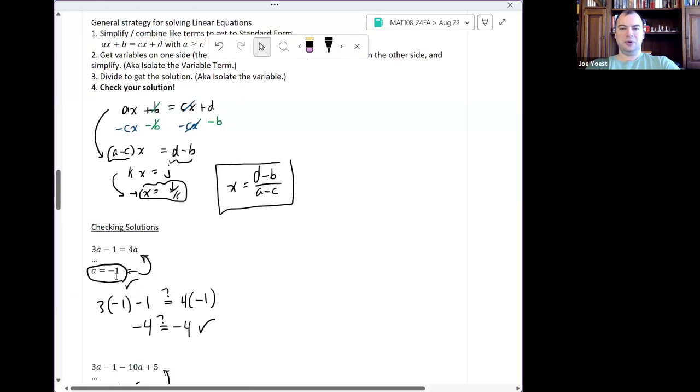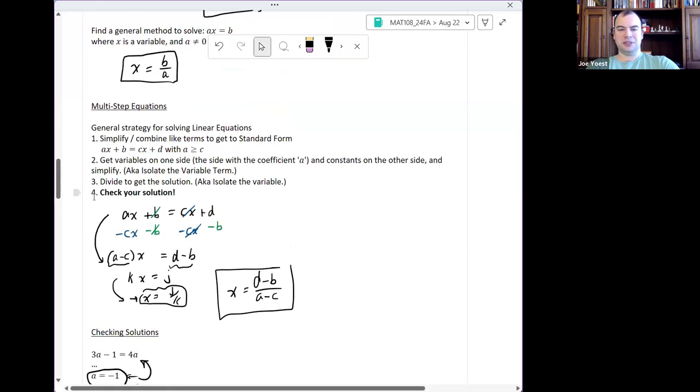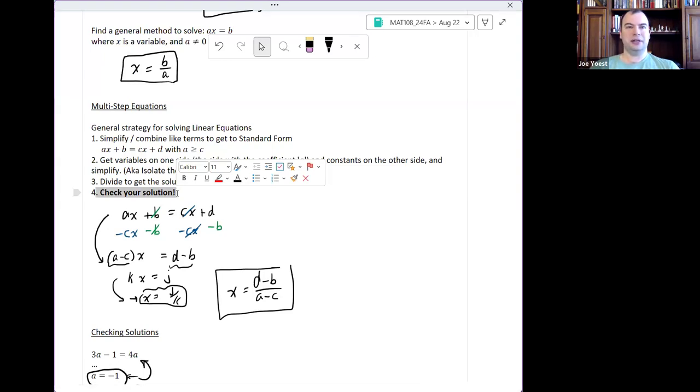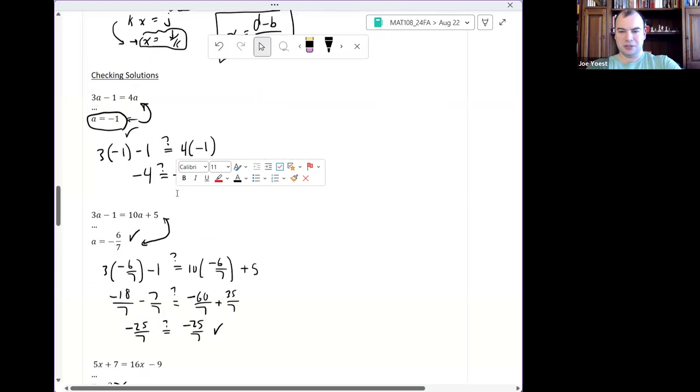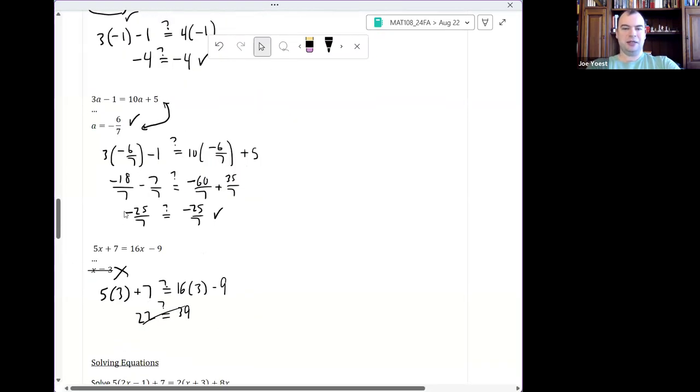So this is a very important part of this process. We get a solution, we're making a claim, we most of the time can check that claim, and in fact most of the time we can check that claim much more easily than we can come to that claim. In other words, plugging back in to check the solution typically takes much less time and effort than it took to generate that solution.